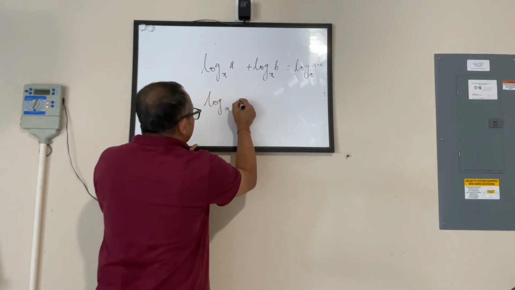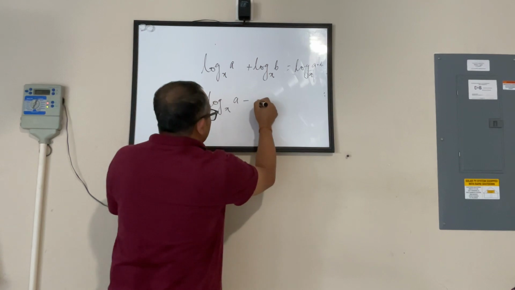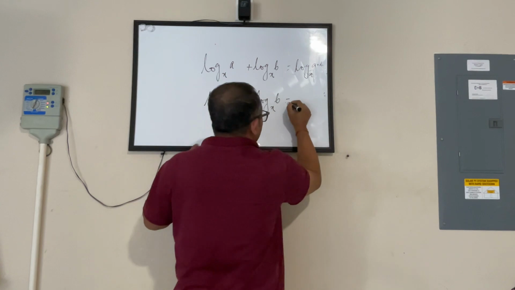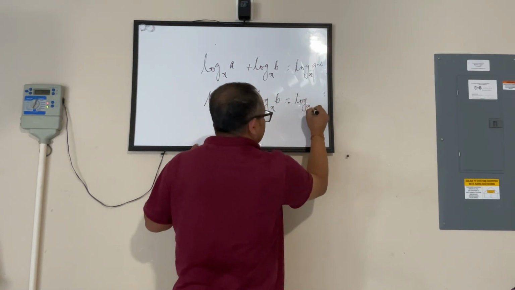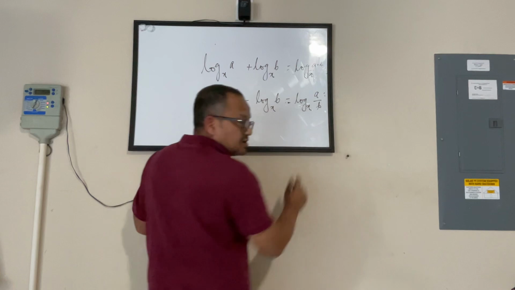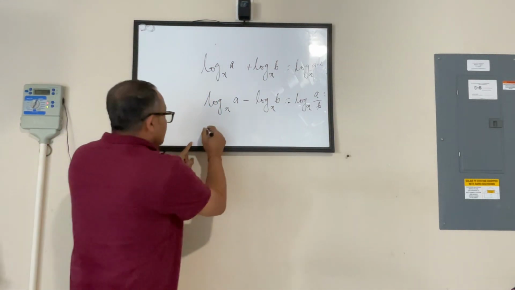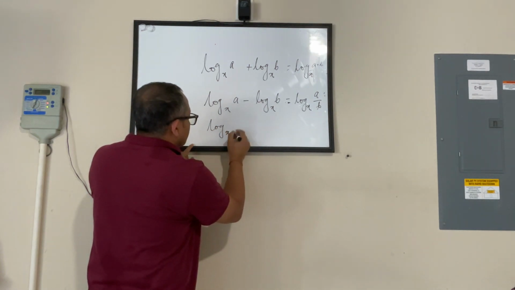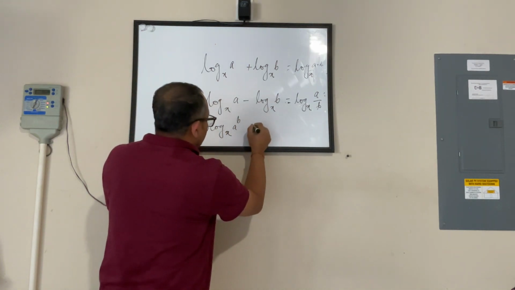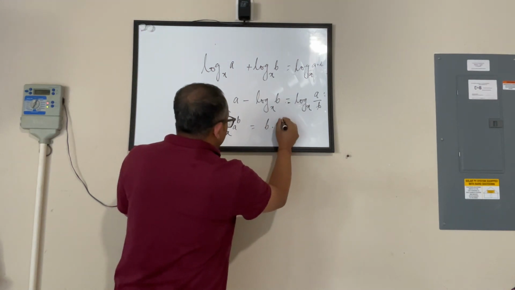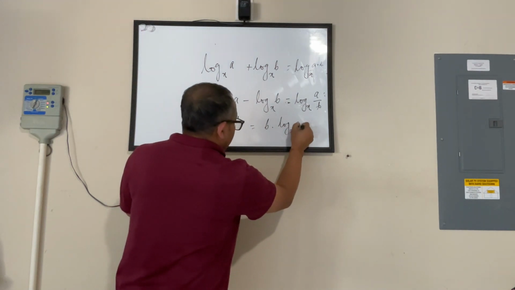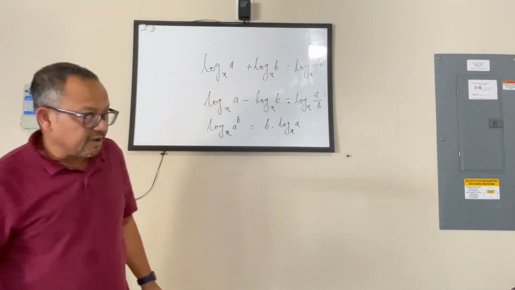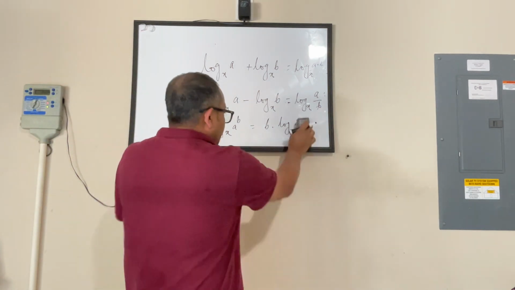Log x a minus log x b equals log x of a by b. And third one is log x a to the power b equals b times log x a. These are only three formulas that we have to keep in mind from a log perspective.